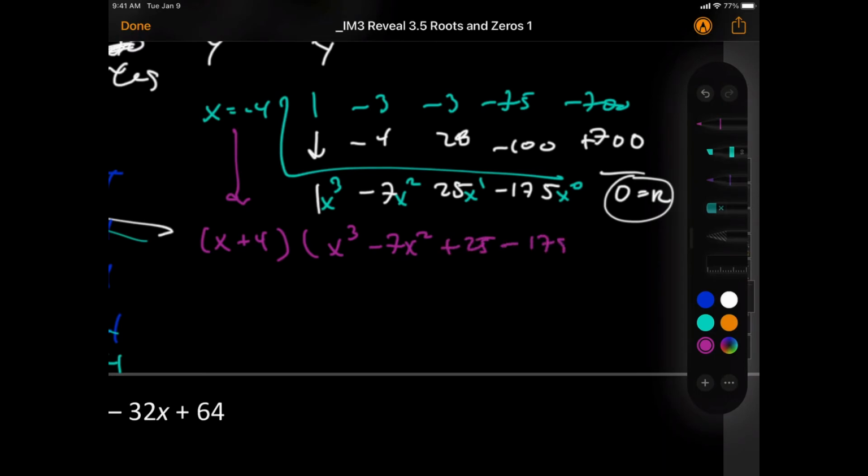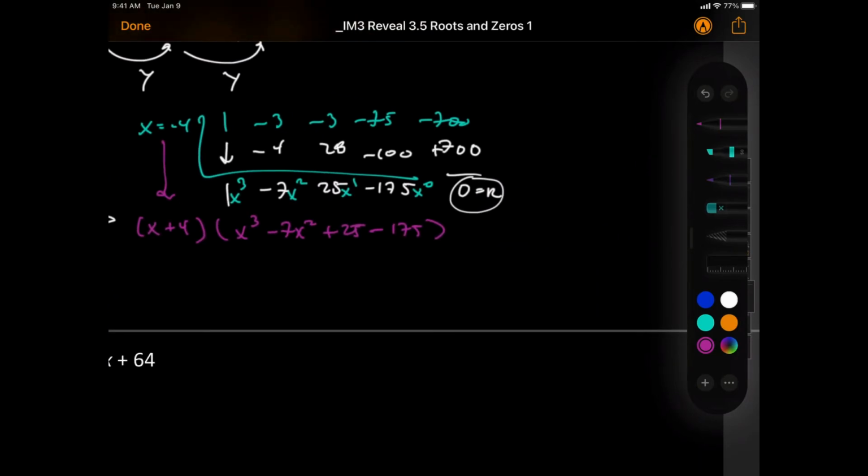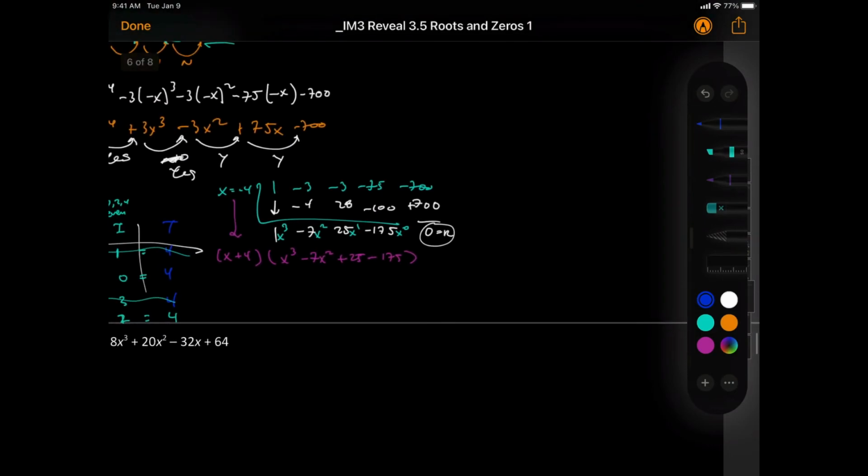Do you think we can factor here? Remember, 4 terms, you gotta try it. Let's try it. X to the third minus 7x squared. I think it's gonna do it. I missed it right there. X minus 175.